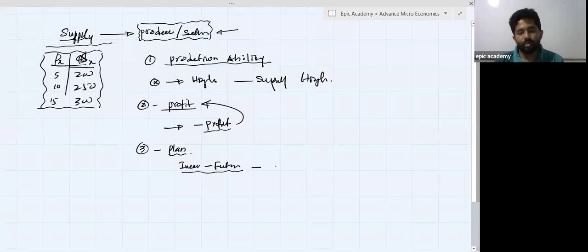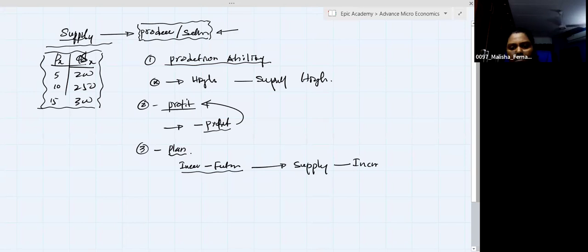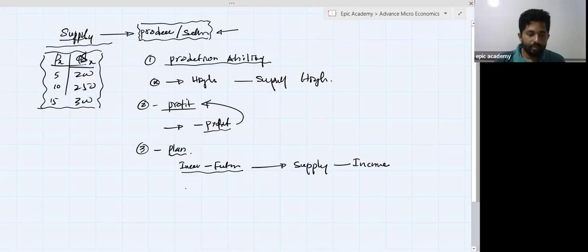So what will happen to the supply amount? That amount also will increase because they already planned it. And again, if some organization plans to decrease the particular production, what will happen to the market supply? Supply also can decrease.